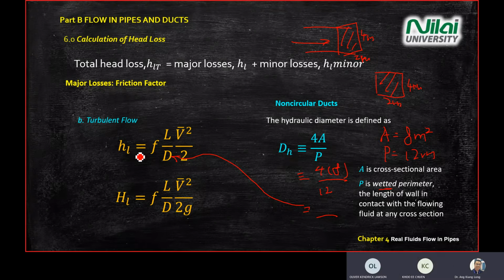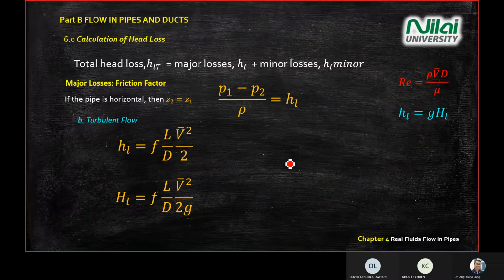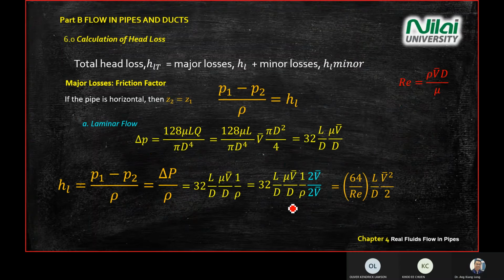Yes, sir. Okay, so this D also applies for laminar flow. Just now you saw the laminar flow equation, so this laminar flow also has D. You replace D with the formula just now.